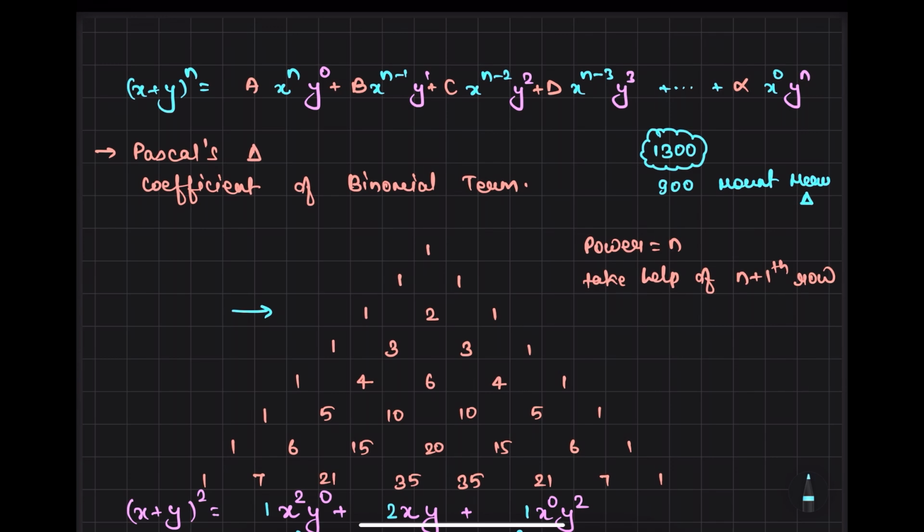In Egypt, around those years, 900 or 1000, it is named Omar Khayyam's triangle.